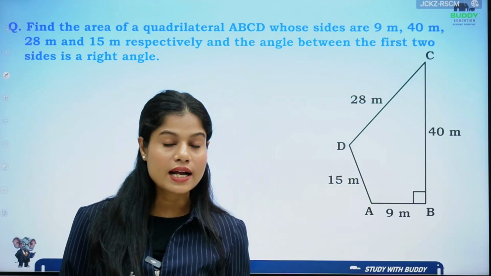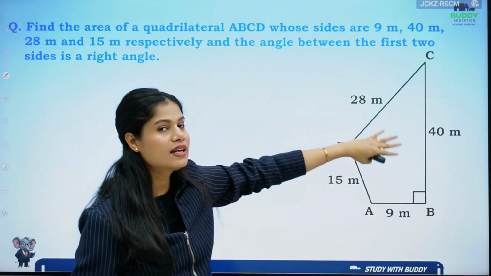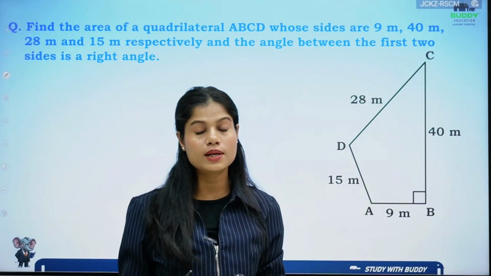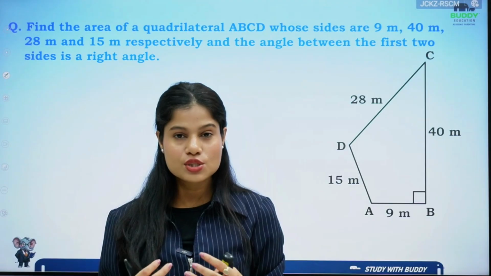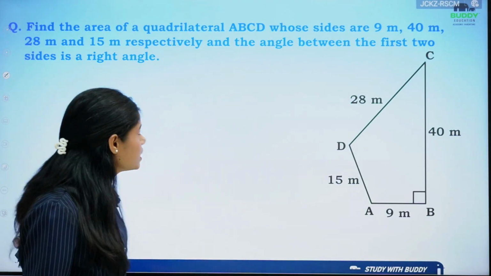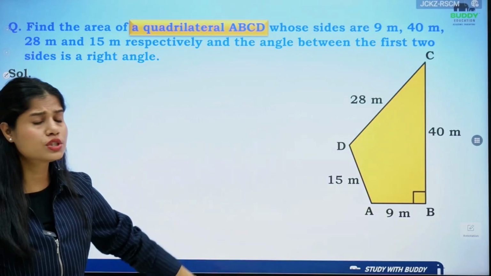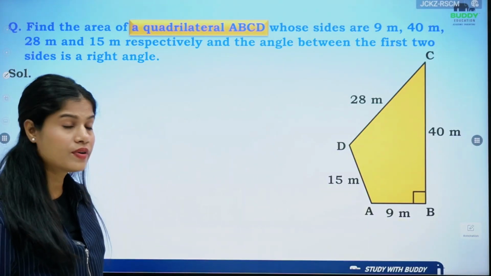But for that we have to break it in a way that we get triangles, because if we want to use Heron's formula or the area of a triangle, we should have a triangle. This is the total portion for which we want to find the area.